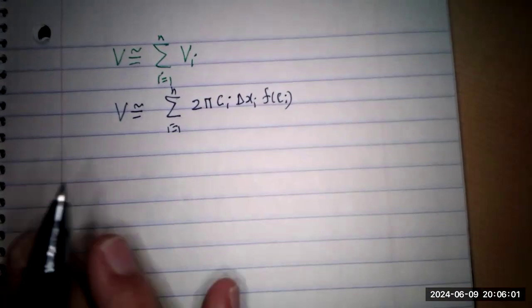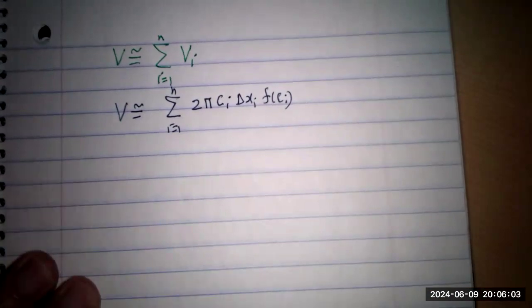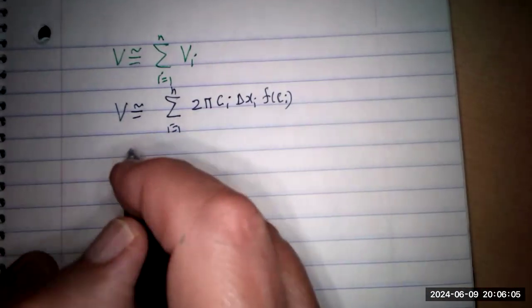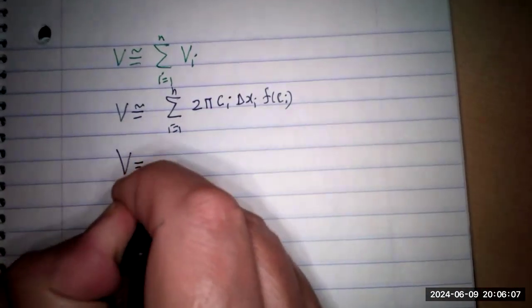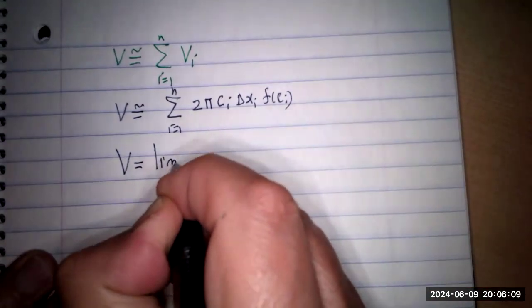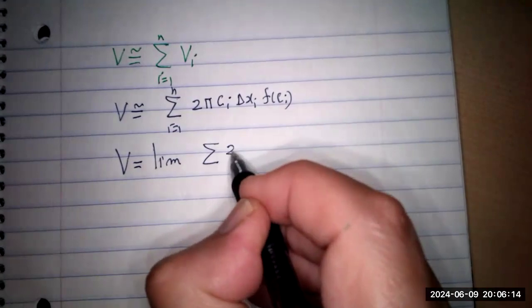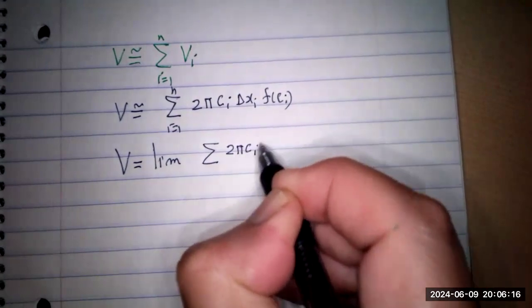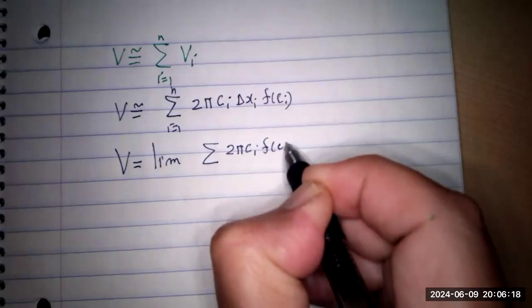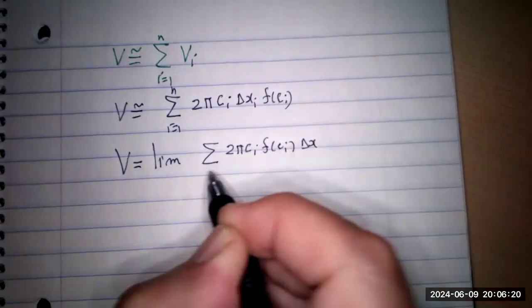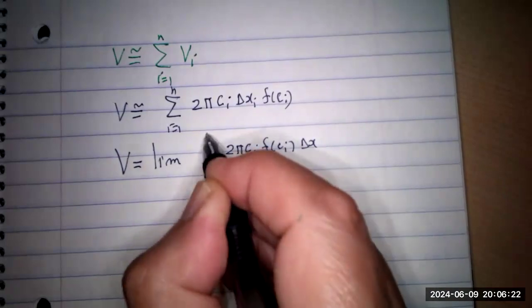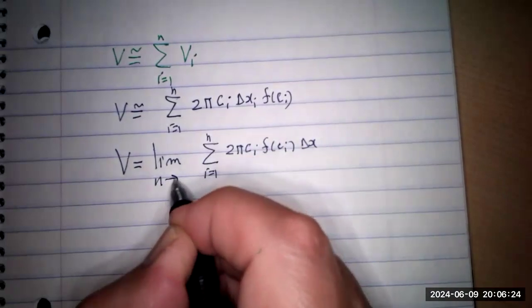You know that you can do finer and finer partitions if you increase the number of partitions. So V, in the language of calculus, is the limit of the sigma of 2 pi c_i f of c_i times delta x, i from 1 to n, as n goes to infinity.